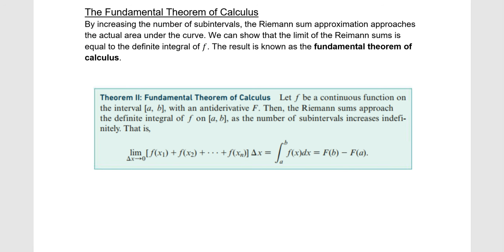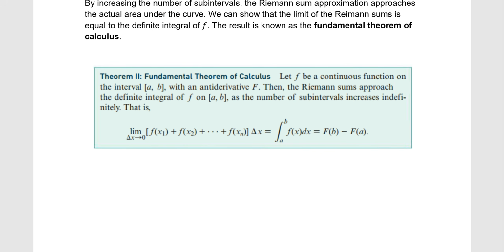So what we're going to do is rewrite this showing that the limit of the Riemann sums is equal to the definite integral of f, which is the area underneath the curve. And this is the fundamental theorem of calculus. So what we have here is, if we're doing over the interval from a to b, we know this side, right?